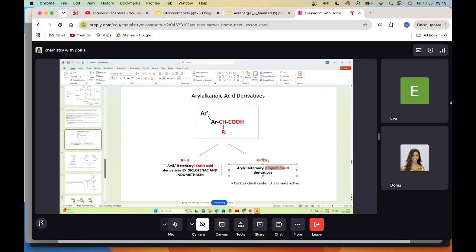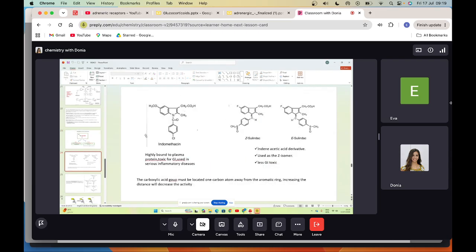Okay, so let's start with the first example here, indomethacin. Now let's apply the SAR on indomethacin. We have here CH2COOH, so one carbon spacer and the carboxylic acid. This one carbon spacer should be attached to an aromatic ring. Do we have an aromatic ring? Yes, this ring we call the indole ring.